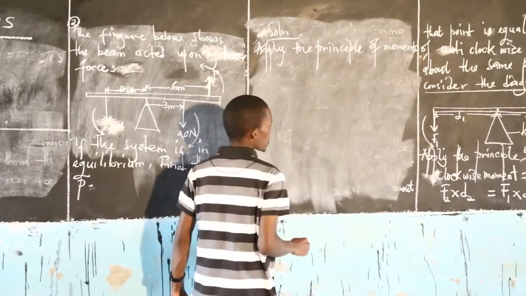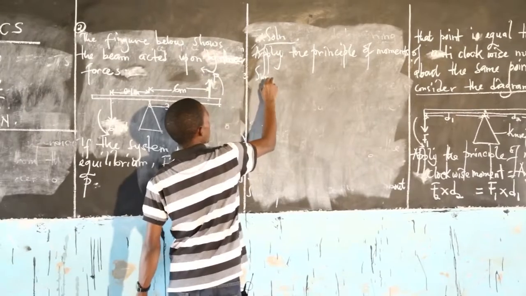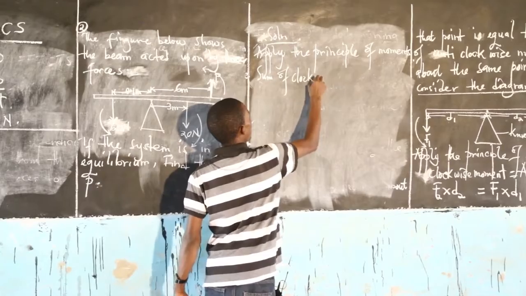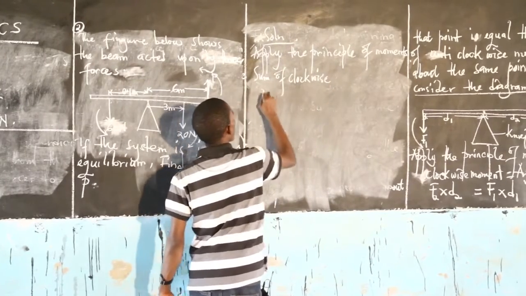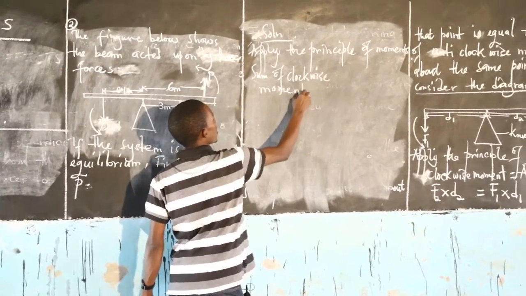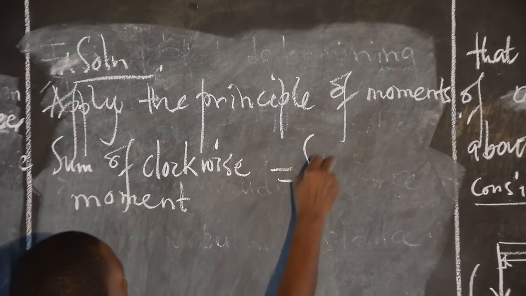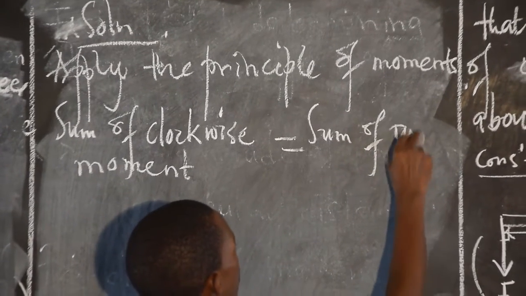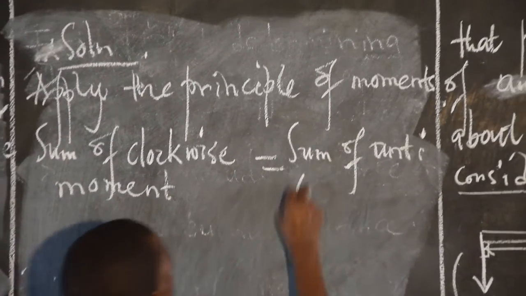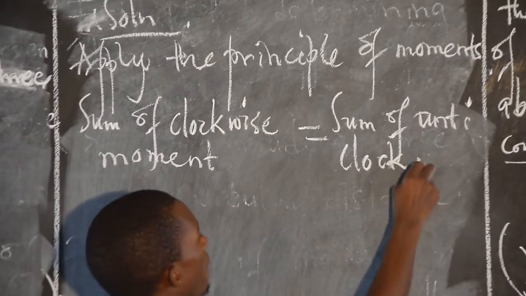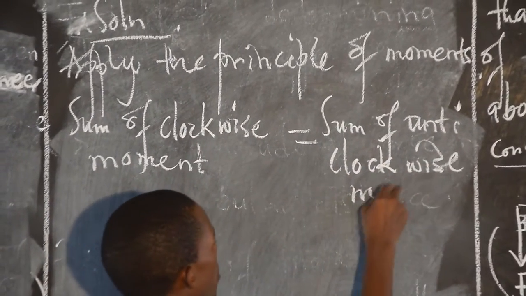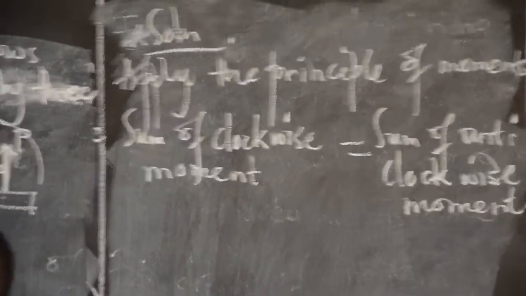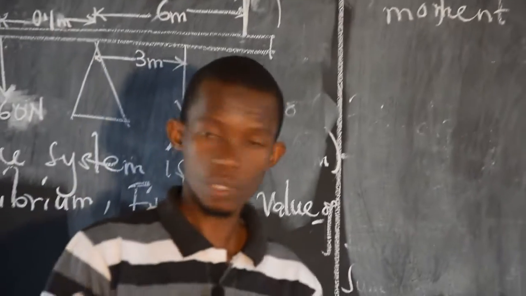So, when we apply the principle of moments, we talk about the sum of clockwise moments is equal to the sum of anti-clockwise moments. Remember, we try to identify our clockwise and anti-clockwise.